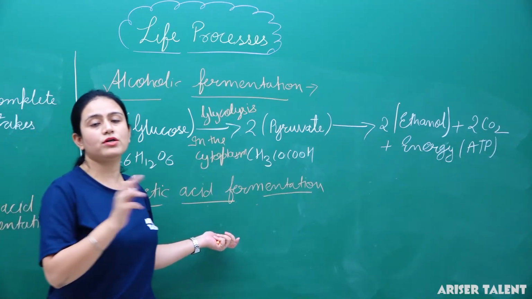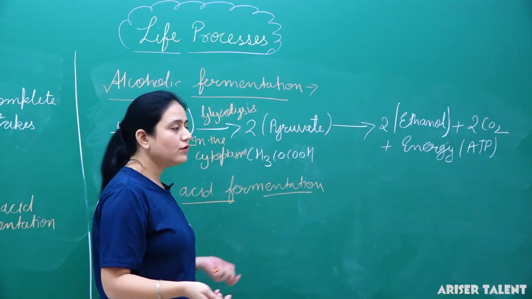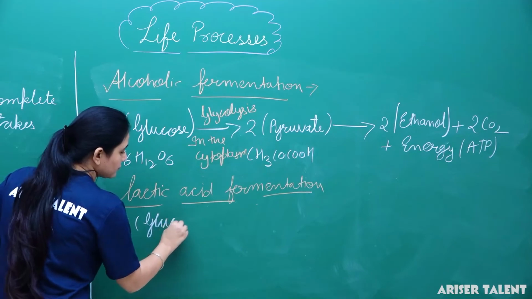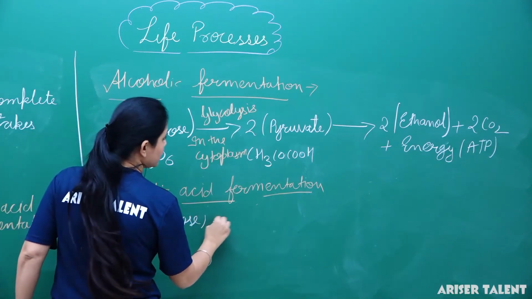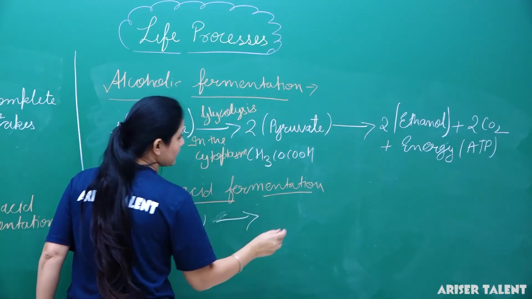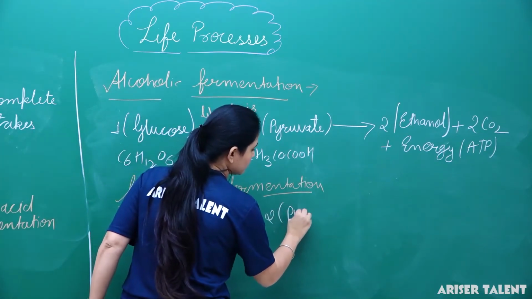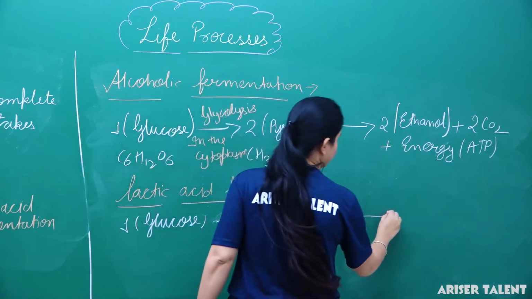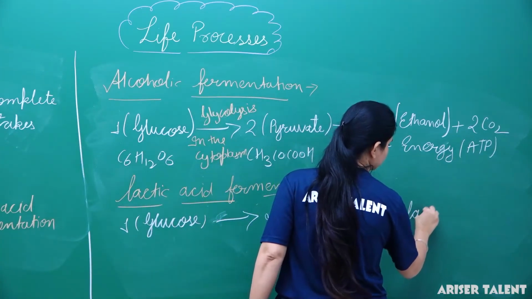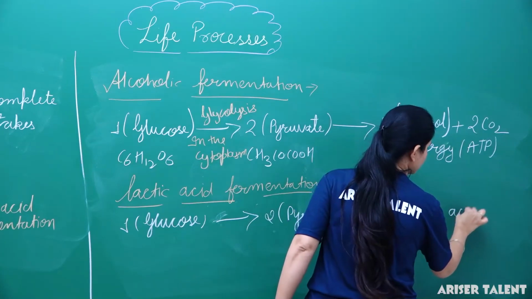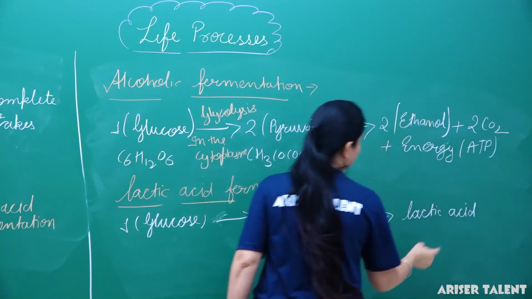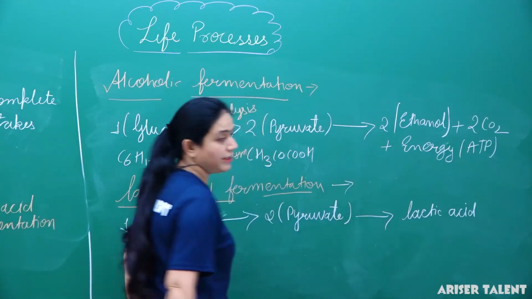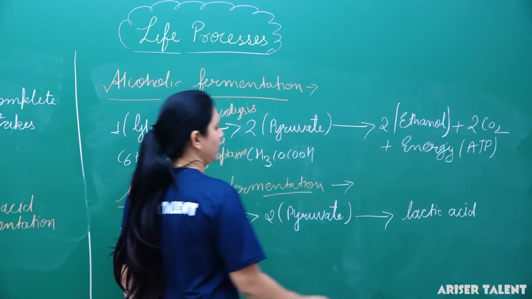That process is known as lactic acid fermentation. The process is the same, only the result is that lactic acid will be formed, and this complete action takes place in the muscles only.